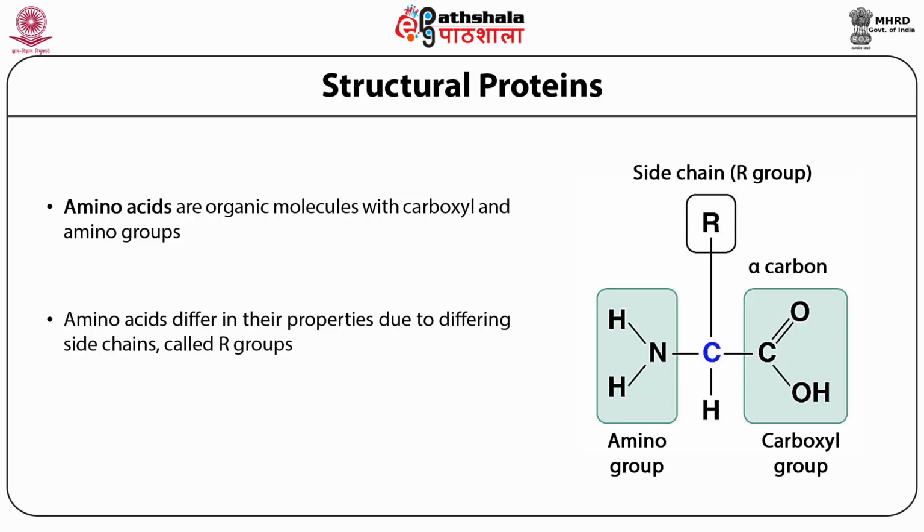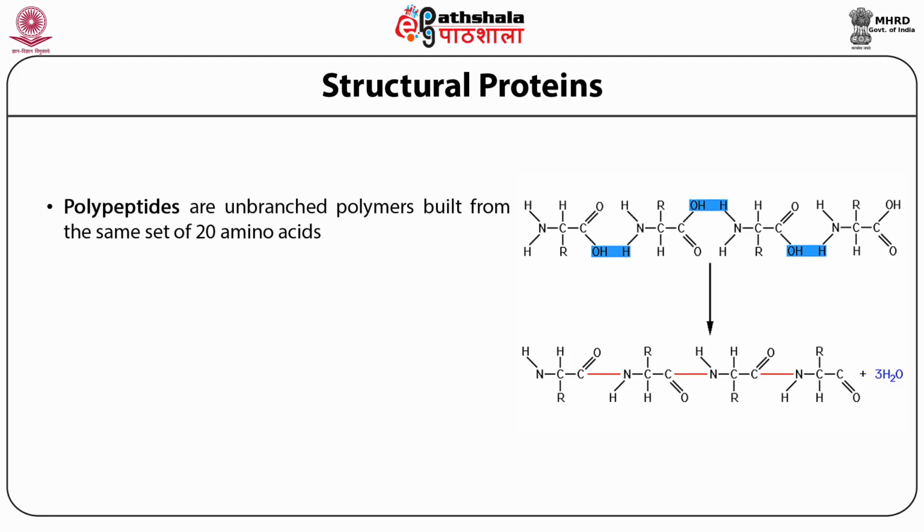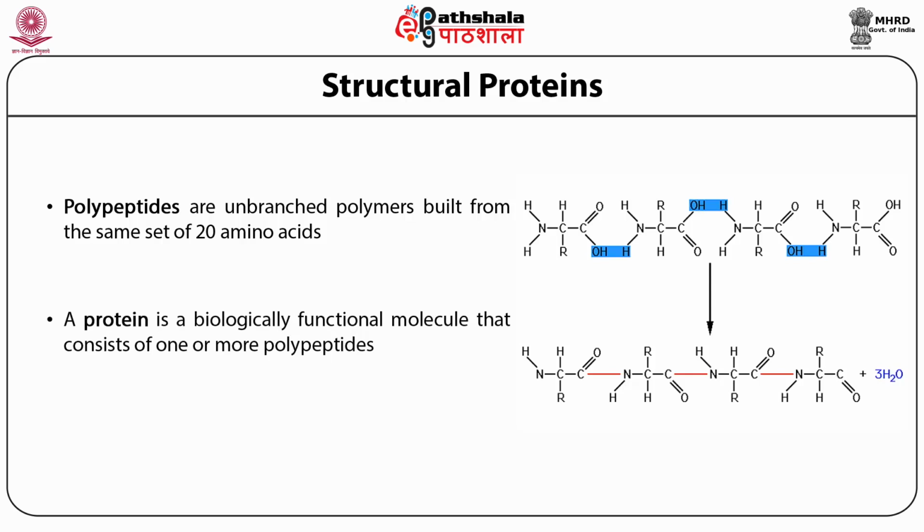Apart from that, the side chain plays a major role in amino acids. Polypeptides: peptides are formed when amino acids combine together. Polypeptides are unbranched polymers built from the same set of 20 amino acids. It is very important: a protein is a biologically functional molecule that consists of one or more polypeptides.